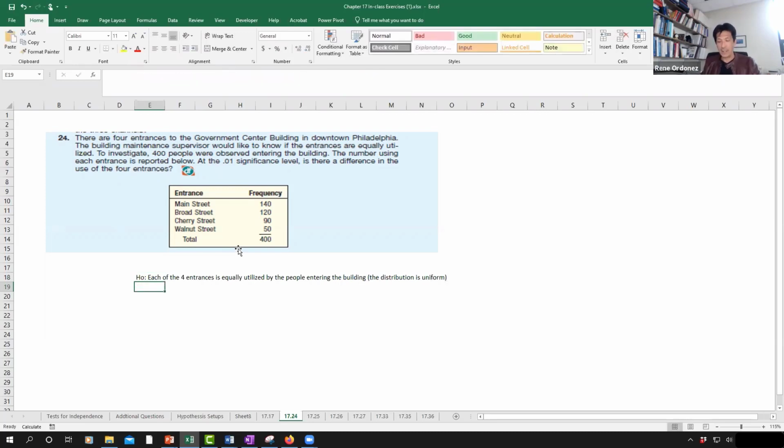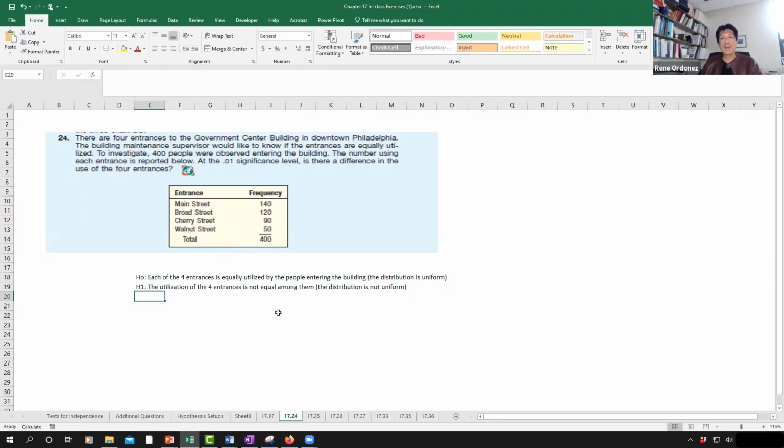The alternate hypothesis would say that the utilization of the 4 entrances is not equal among them. In other words, the distribution is not uniform. Okay?